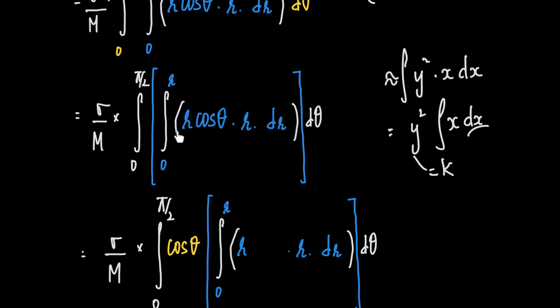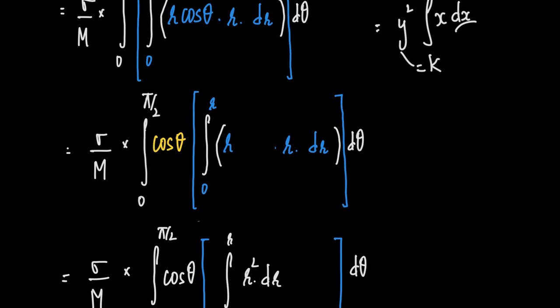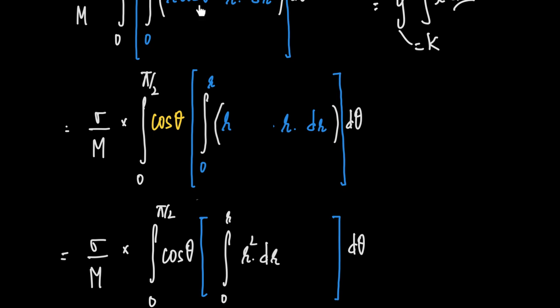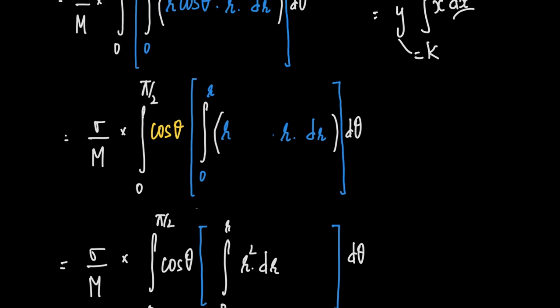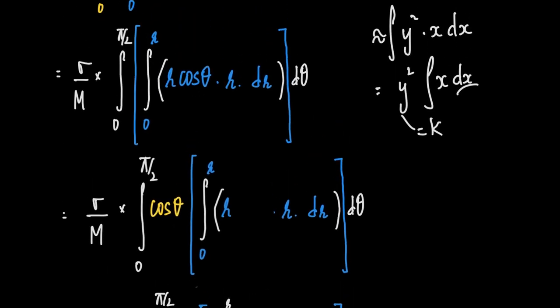So we have cos theta is a constant now. So cos theta is taken out of the integrand, but it's still within the integral of cos theta d theta.